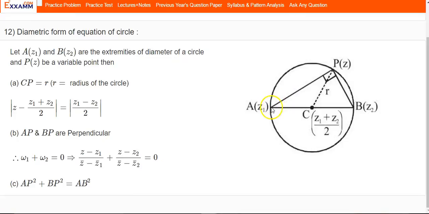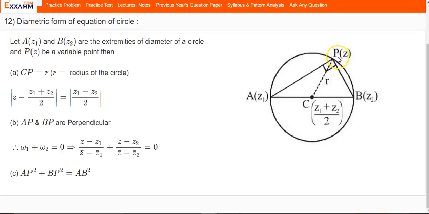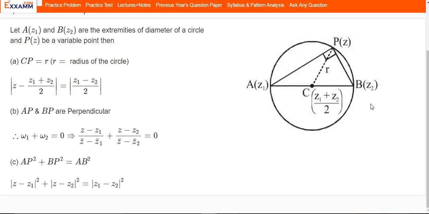Now the third method is that AP square plus PB square is equal to AB square. Now here AB is z2 minus z1 and AP is z minus z1 and PB is z minus z2, modulus of these numbers. So what do we get?